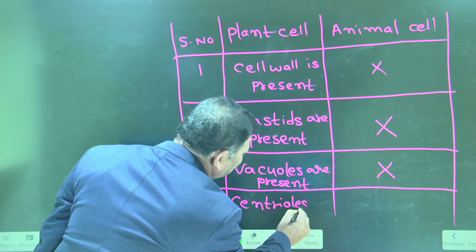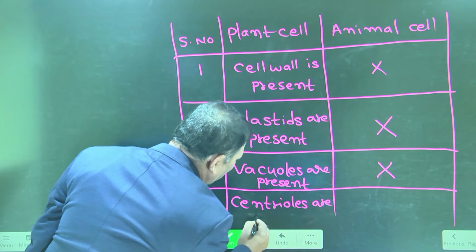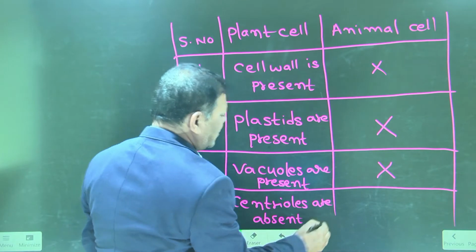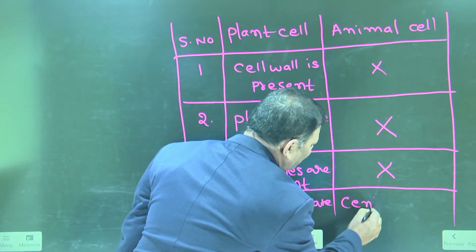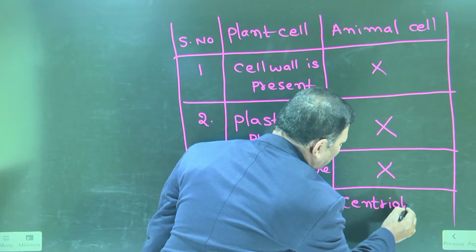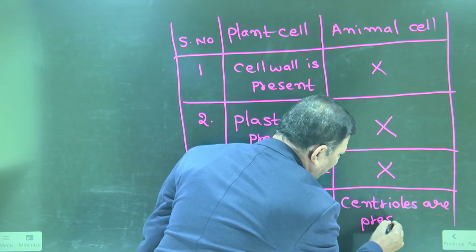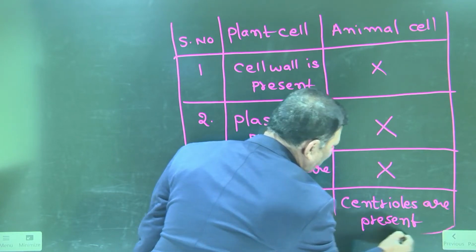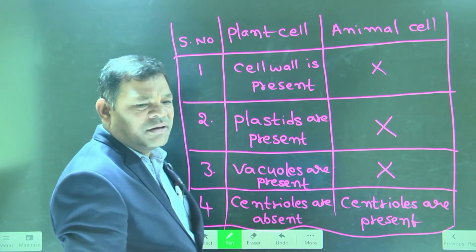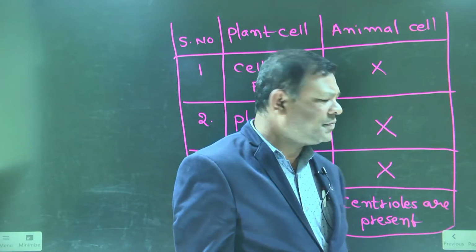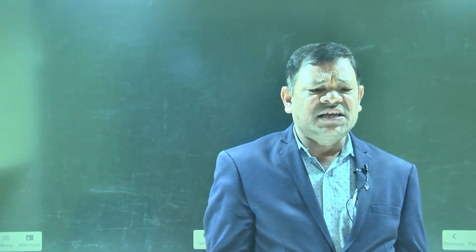In the plant cell, centrioles are absent. In the animal cell, centrioles are present. So this is the difference between the plant cell and the animal cell. Do you understand? Yes, sir.